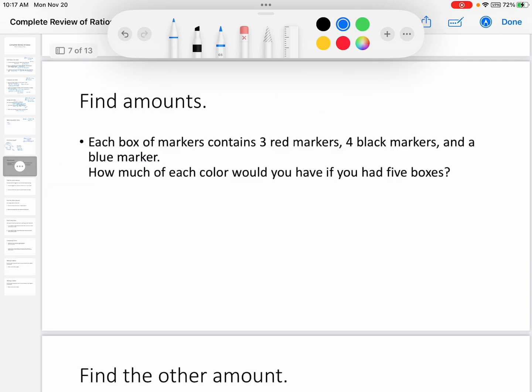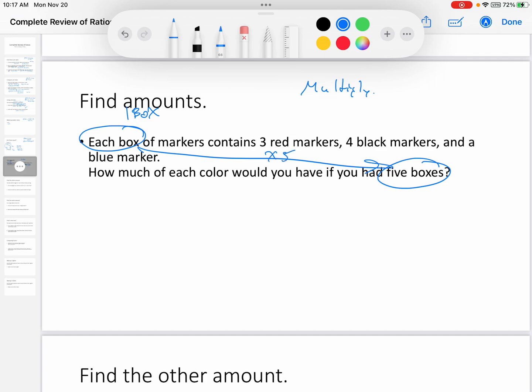Find amounts. So all you have to do is multiply. This is 1 box. This is 5 boxes, so we are multiplying by 5. For red, we will do 3 times 5 is 15 red markers.